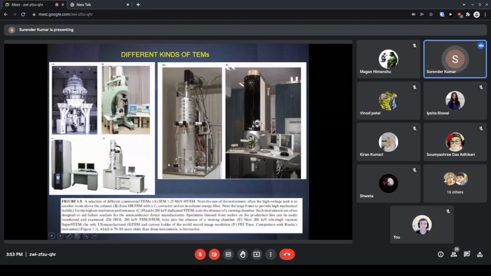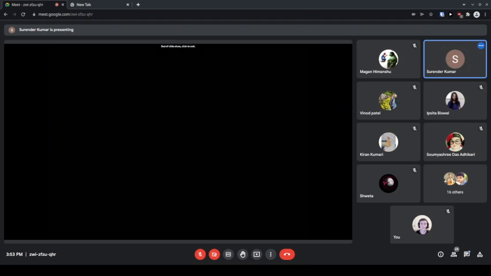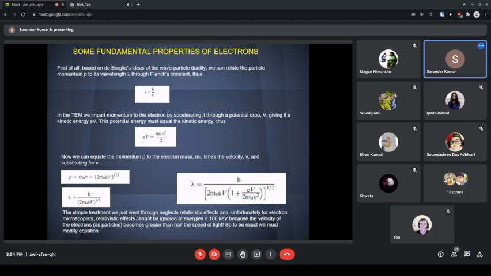So these are different modern equipment available today for imaging, spectroscopy, magnetic experiments and optical experiments also. This is the last slide for today's lecture, and it is very important.